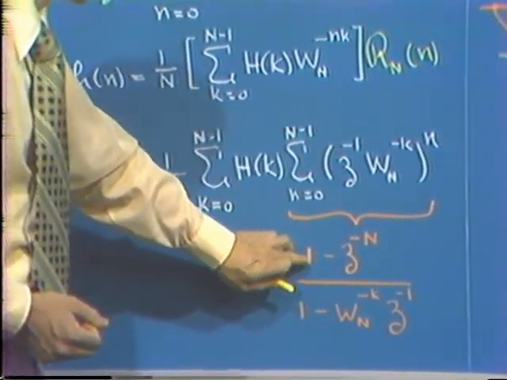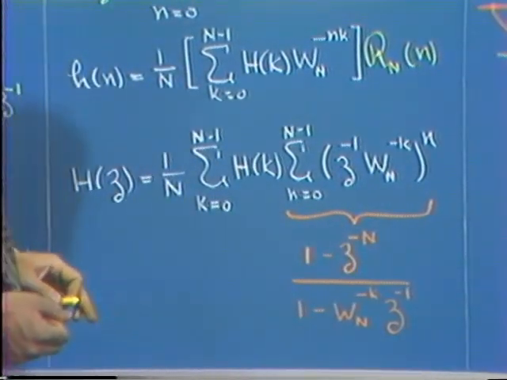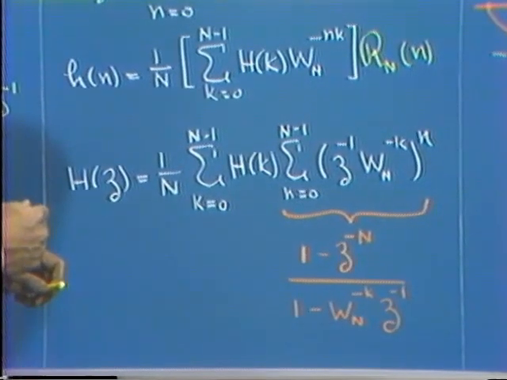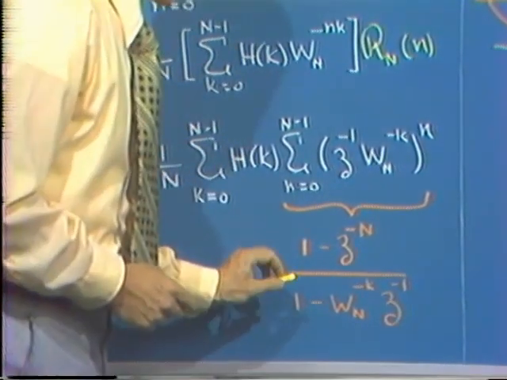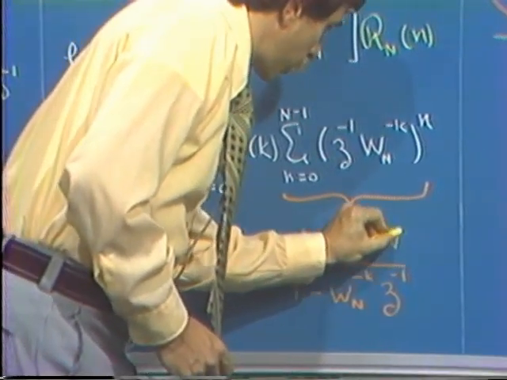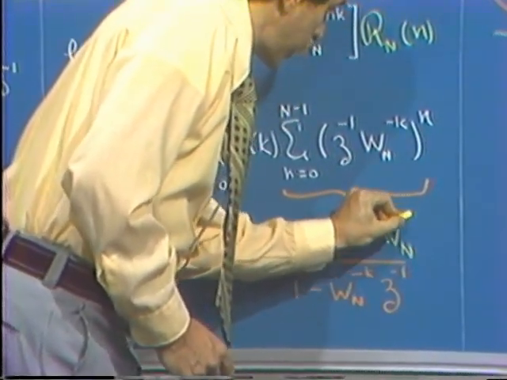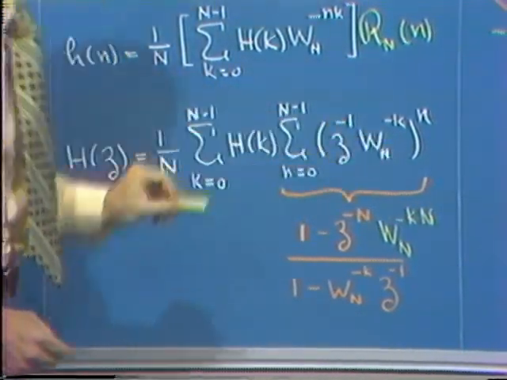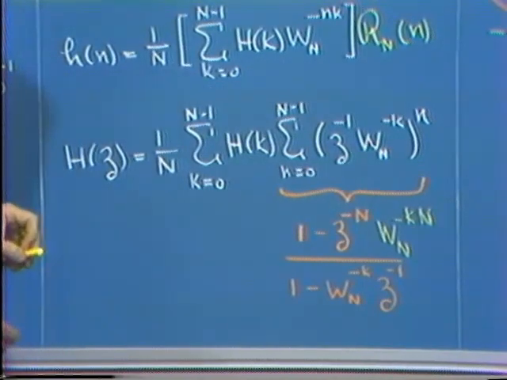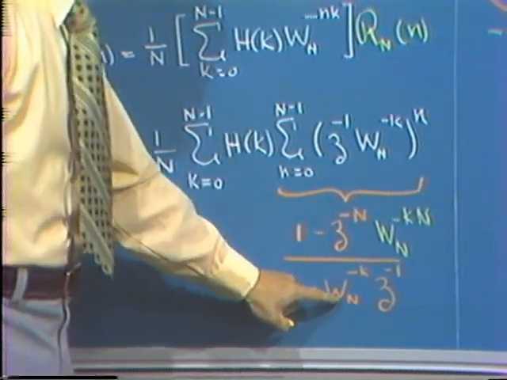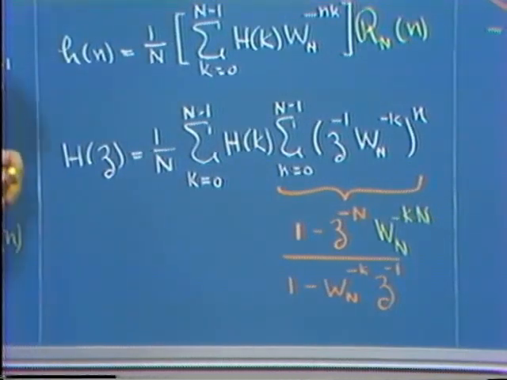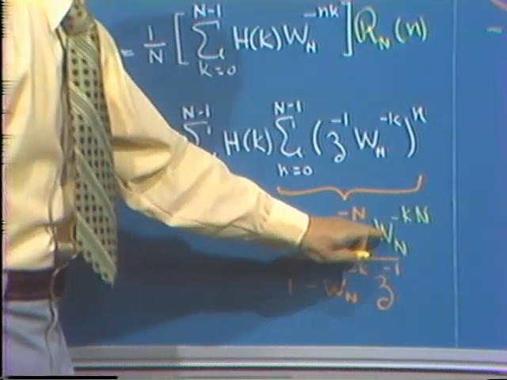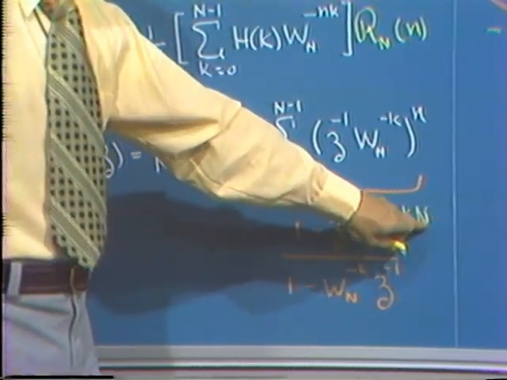And that sums up to 1 minus alpha raised to the capital Nth power, where that is z to the minus capital N times W sub capital N to the minus k capital N, divided by 1 minus W sub N to the minus k times z to the minus 1. Well, what is W sub capital N to any integer multiple of capital N?